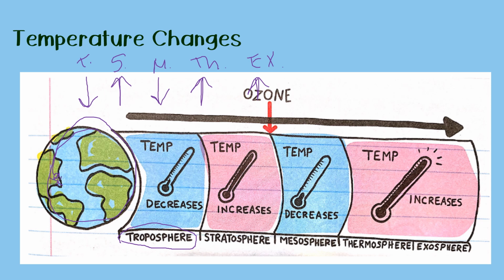We have the troposphere, closest to Earth. Then we have the stratosphere. That temperature is increasing. Mesosphere decreasing. Thermosphere, exosphere increasing. So what's the pattern? Is there a pattern? Right. Decrease, increase, decrease, increase.